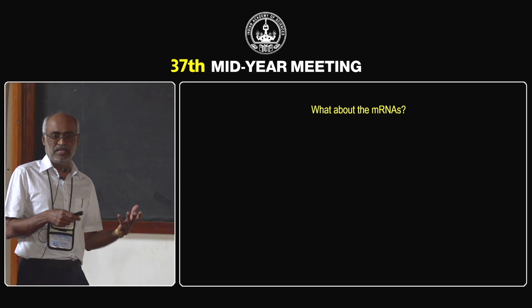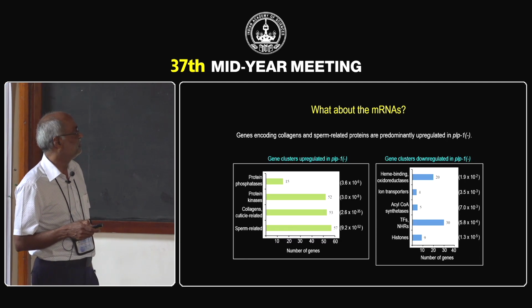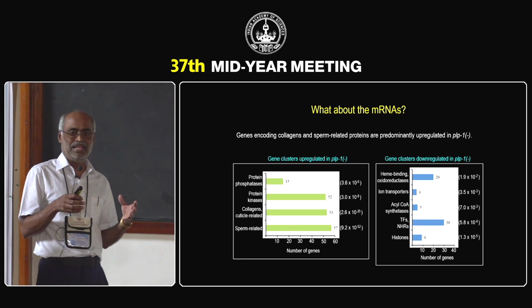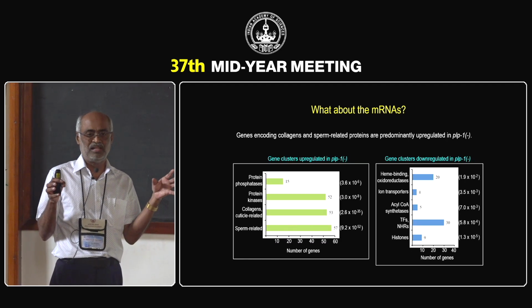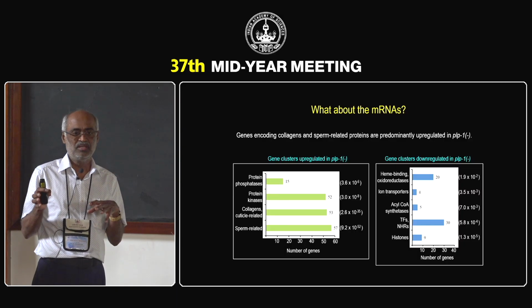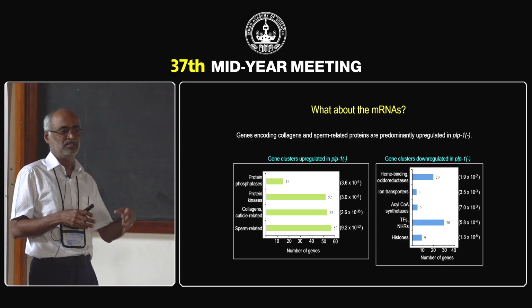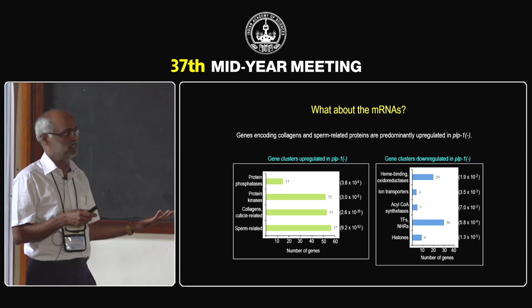And then we looked at all the mRNAs, like we did transcriptome profiling. Transcriptome profiling means essentially you sequence all the mRNA in 2 different conditions, in this case wild type and mutant, and look at which mRNA is increased or decreased in your mutant in comparison to the control.